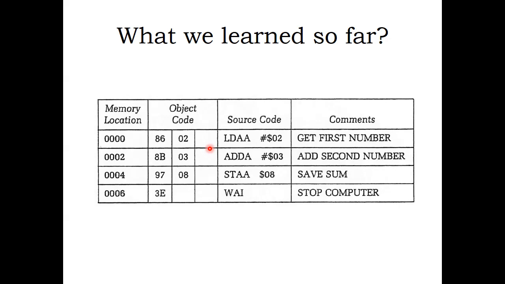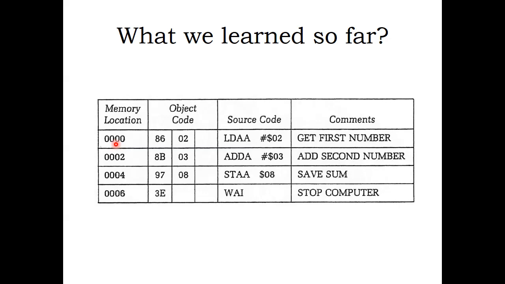Now, if this is 0000, meaning the address of this line, the interesting thing is the line actually has 2 bytes. The 86 itself is 1 byte, and 02 itself is 1 byte, because these are written in hex. You might wonder how I write just one address for 2 bytes.